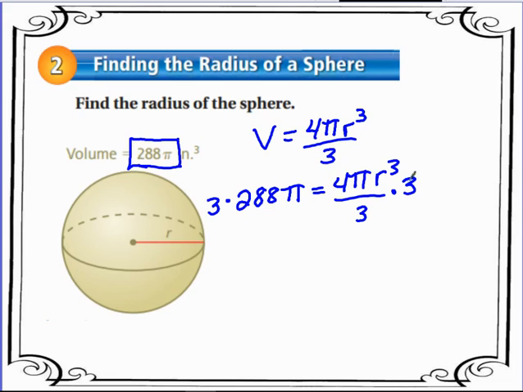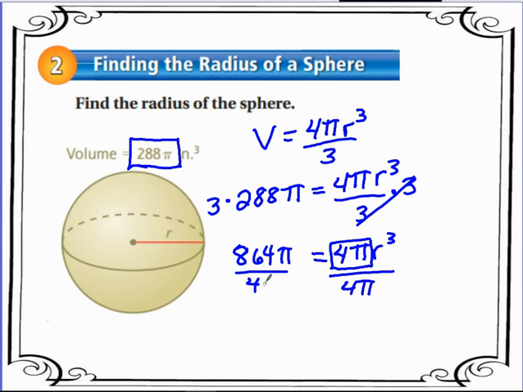And we would get on this side 4 pi r cubed. And on the other side, we have 3 times 288, which is 864 pi. All right, so we want r by itself, so we're going to get rid of this part right here. We're going to divide by 4 pi.